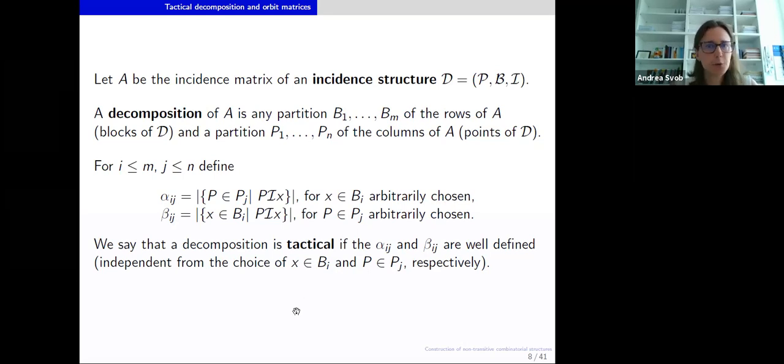So if you can make a decomposition of a matrix for which these numbers are well defined, then you have a tactical decomposition of a matrix. And this can be defined for an incidence structure D.